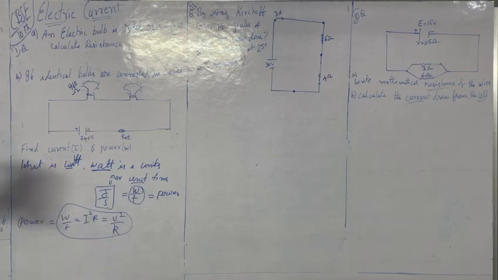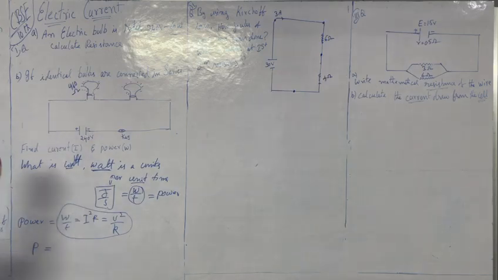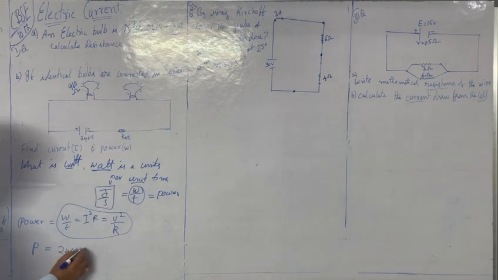Voltage and what is given here? Then power P is equal to V square by R. V square is 240 into 240 by R. Is power given here or not?